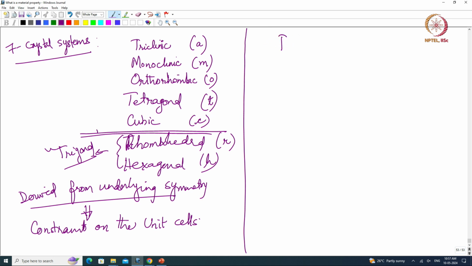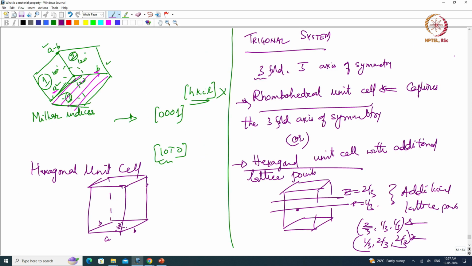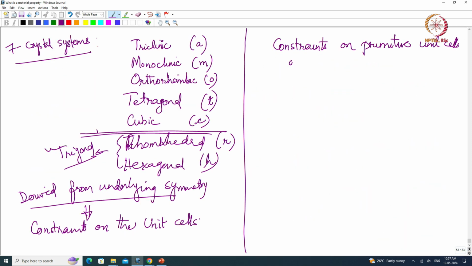Mostly what I was talking about is primitive unit cells, constraints on primitive unit cells, or preferred unit cells, let us say, that have one lattice point.